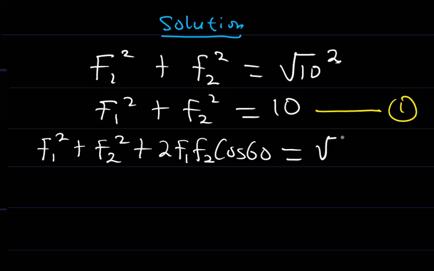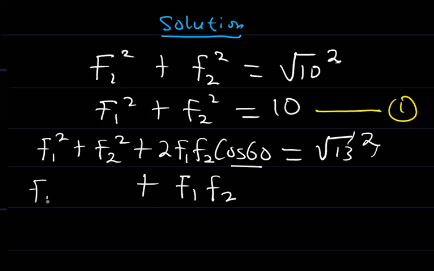Square cancels square root. Cos 60 is 0.5, and 0.5 multiplied by 2 is 1. So I'm left with F1 square plus F2 square plus F1F2 equal to 13. Let me call this equation 2.